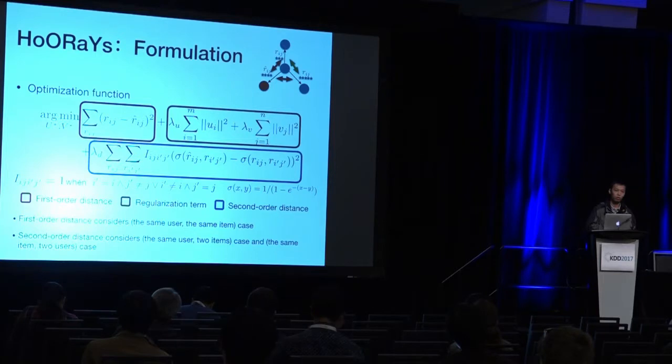For a user, we use its ratings to item J and item J prime. And for this second order distance term, we can find that we also use the ratings from other users to item J when we are optimizing over rating Rij. So first order distance considers the same user, same item case, while the second order distance considers the same user 2 items case and the same item 2 users case.